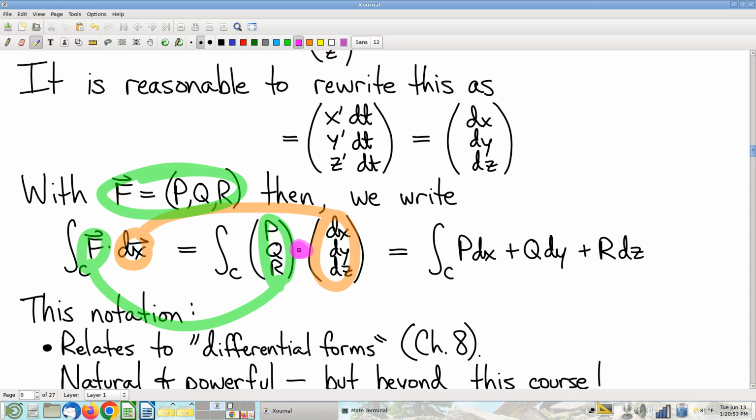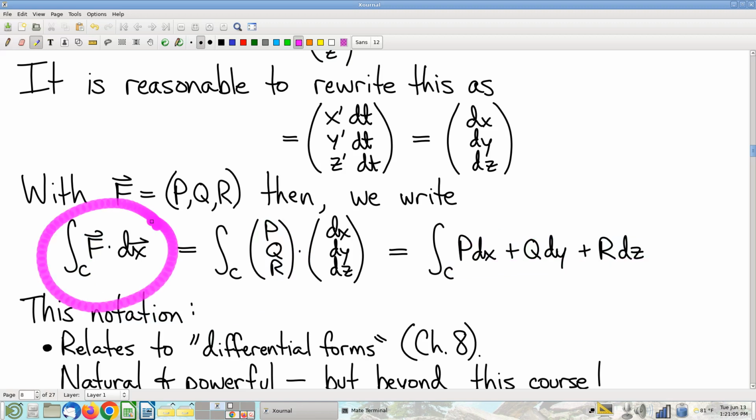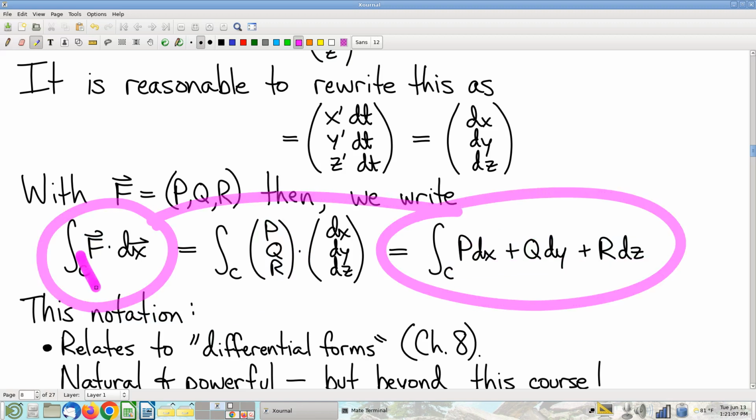The dot product there I could write like this. Now that's just writing it out in coordinates. Right? I haven't really done anything yet. This is still representing this exact same vector line integral. We just have this alternative notation now for how to write vector line integrals.